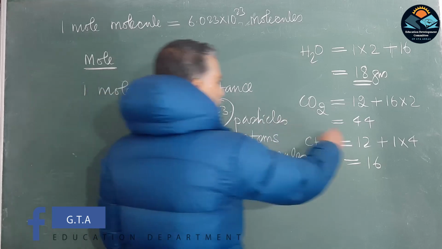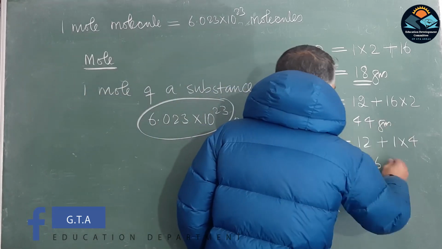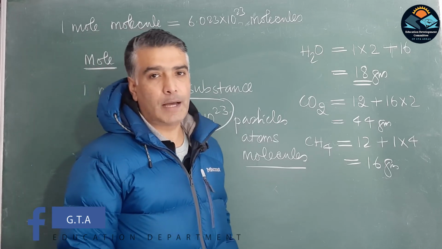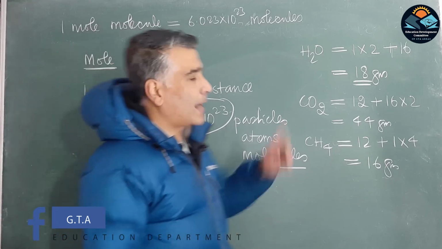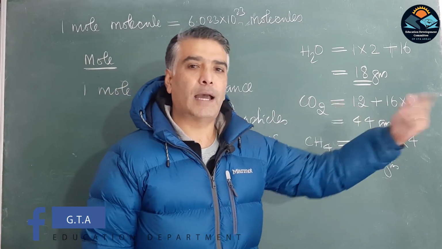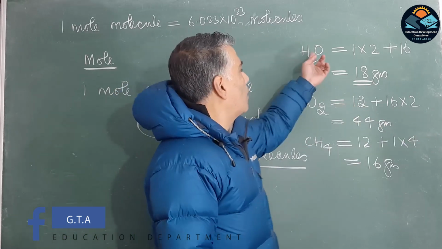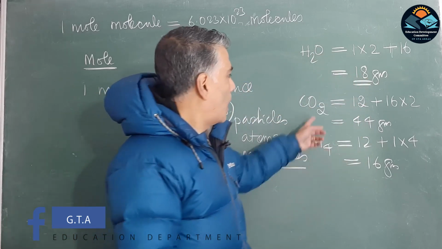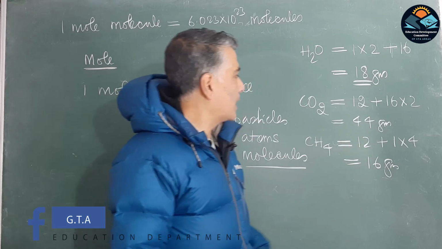So whatever is the molecular mass, same amount of the substance if you take, that mass is called 1 gram molecular mass. So how much is 1 gram molecular mass of any substance? Whatever is the molecular mass, same amount has to be taken in grams. So how much 1 gram molecular mass of water weighs? 18 grams. How much 1 gram molecular mass of carbon dioxide weighs?